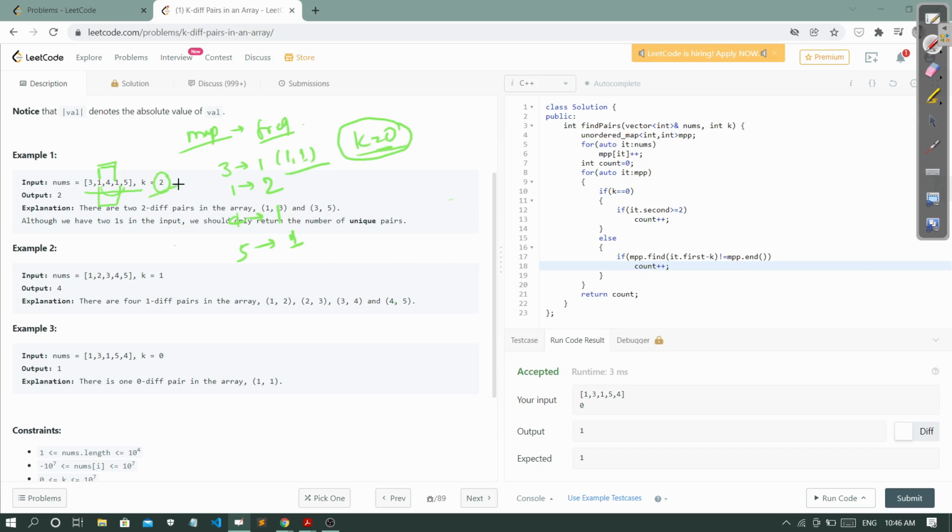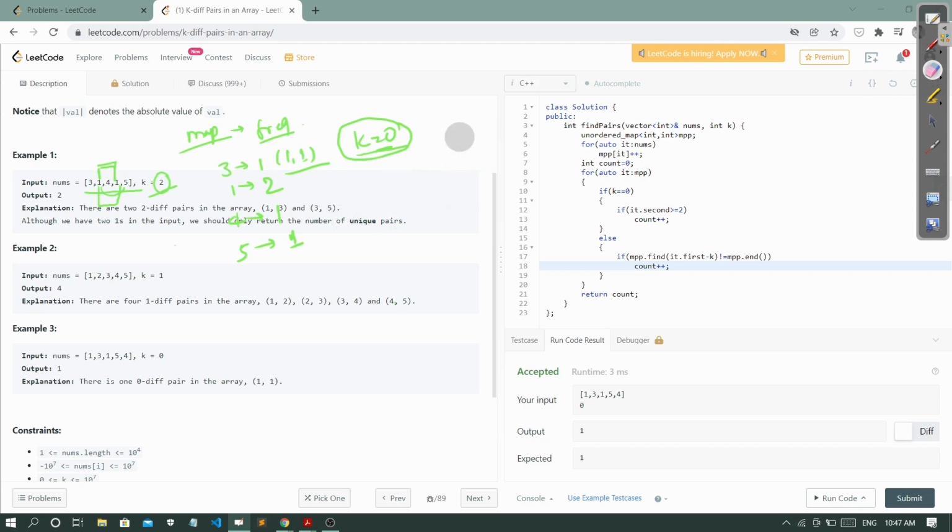But here k is equal to 2, so we have to find two elements such that i minus j is equal to k. If I find the difference between the two such that we get a value equal to k, so if I do i minus k is equal to j, and I find these things, then we get the required result.